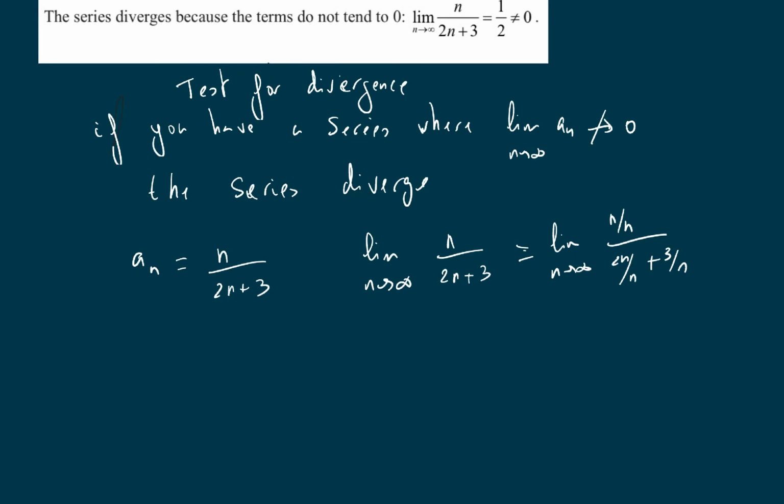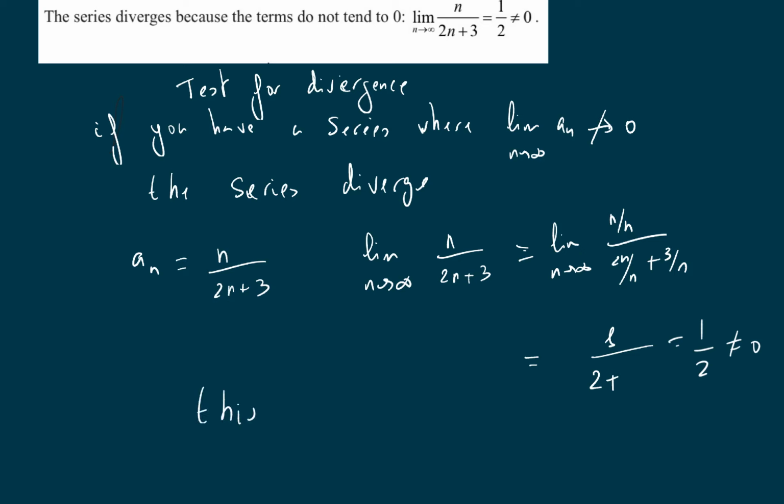It will go to 1 divided by 2, plus when n goes to infinity, 3 divided by n goes to 0. So it will go to 1/2, and because 1/2 is not 0, the limit doesn't go to 0, the series diverge.